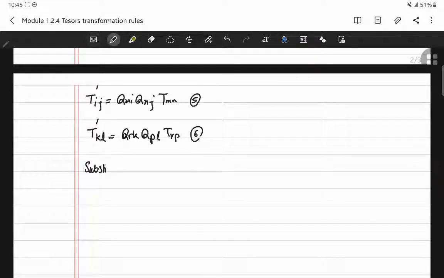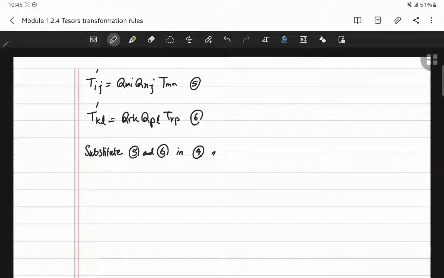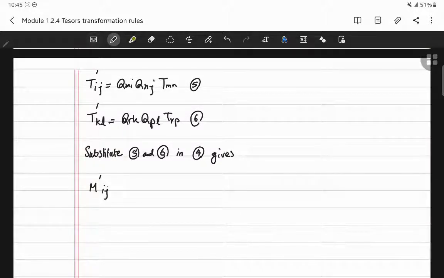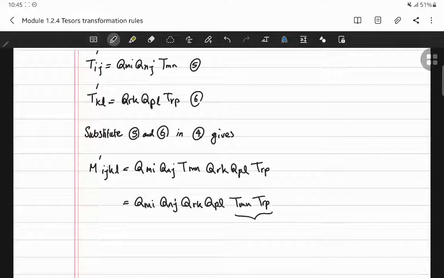So substitute 5 and 6 in 4. So that gives M prime ijkl is equal to, now I write this T prime ij here, Q_mi Q_nj T_mn, now I write this Q_rk Q_pl T_rp, and I sort it like Q_mi Q_nj Q_rk Q_pl T_mn T_rp. This is nothing but M_mnrp.